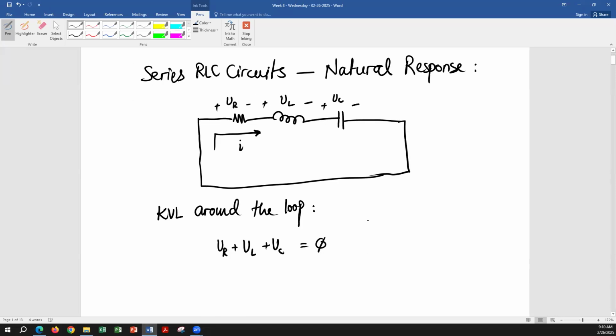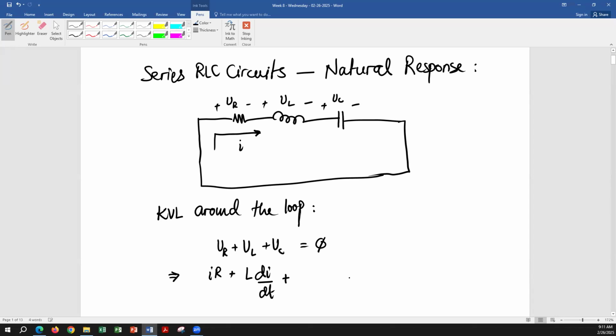Okay, in terms of current now, remember we are trying to find the current. In terms of current, now we have to write this KVL equation. So VR, in terms of current, is I times R, of course. VL is L dI over dt.